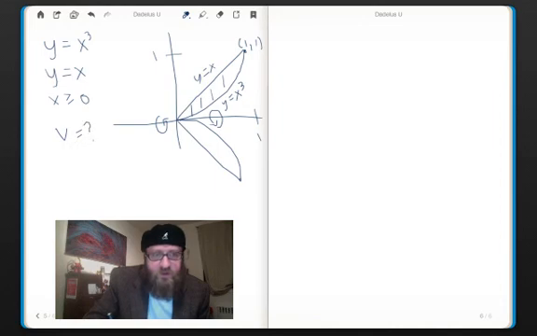To do so, we have to do just a little bit of nifty calculus. The most important thing that you want to see is that the shape created is a circle, probably a more perfect circle than that one. The outer radius of this circle is created by the line y equals x.